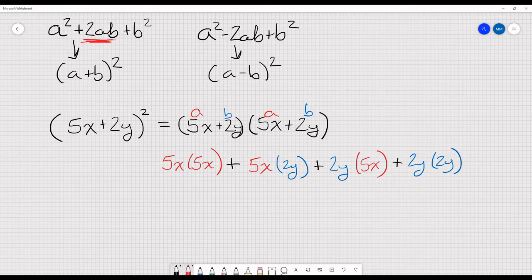Notice this is a squared, a times a, so a squared. On the back end, b squared. What's happening in the middle? What do I have here? This is a, and this is b. So I have a times b plus another a times b. It's written as b times a, but commutative is the word we use to describe multiplication, meaning I can flip-flop these any way I want.